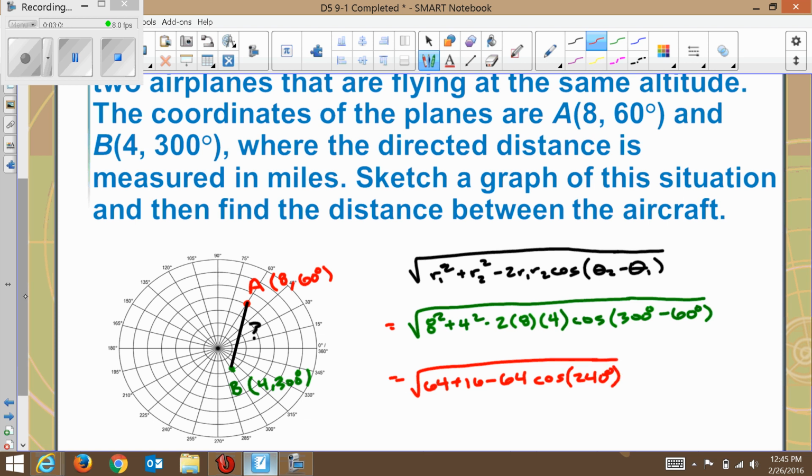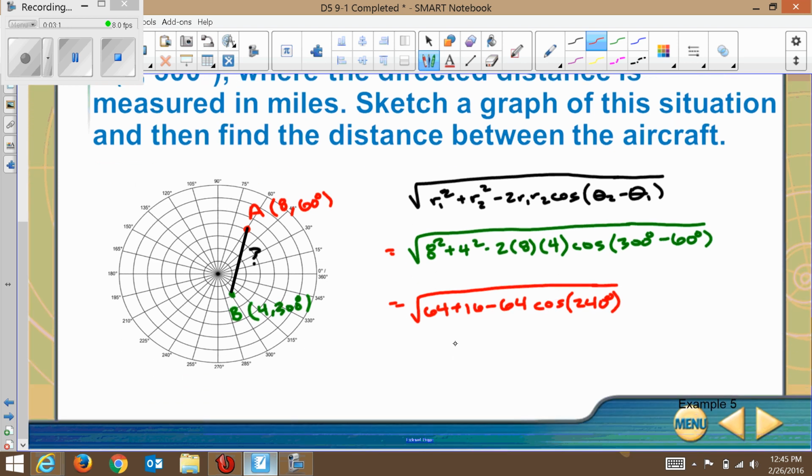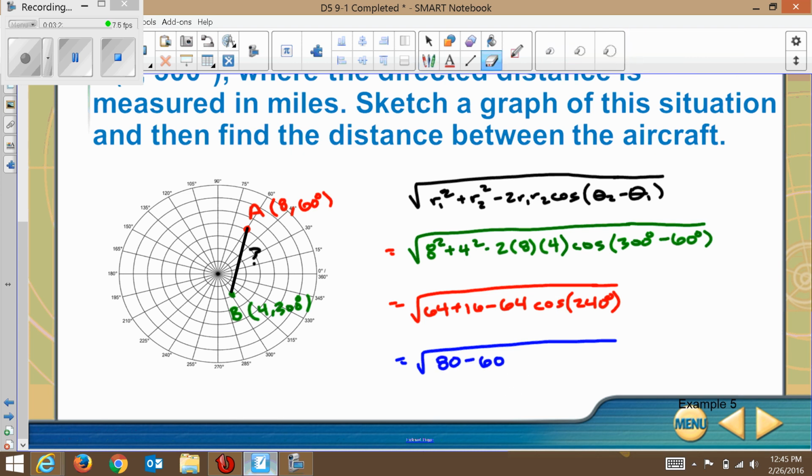Let's type this in the calculator and see what we come up with. Oh wait, I can simplify one more time. This is the same thing as 64 plus 16, which is 80. So this is 80 minus 64 cosine of 240. Let's see what the calculator gives us.